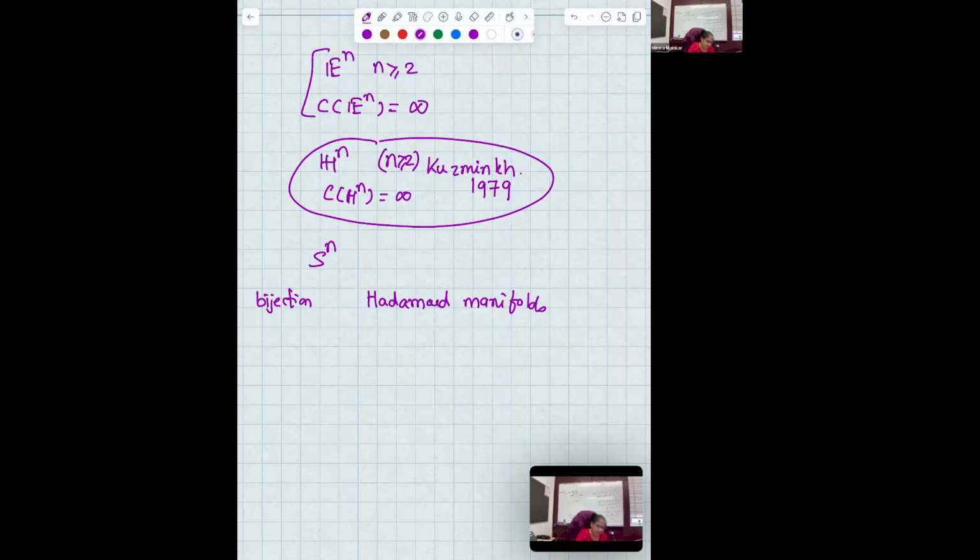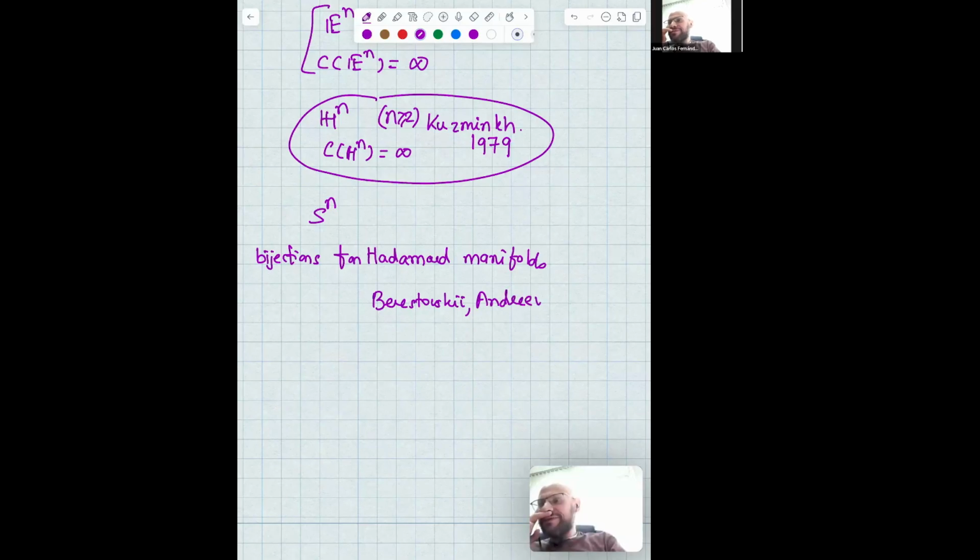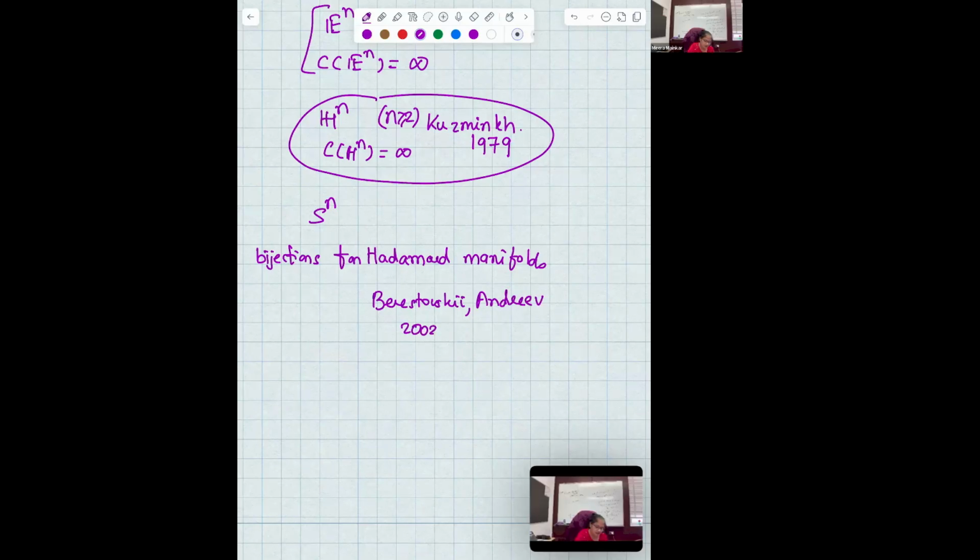So bijections f on manifolds have preserve one, preserve all properties. Are there works for Finsler manifolds? I'm not aware.